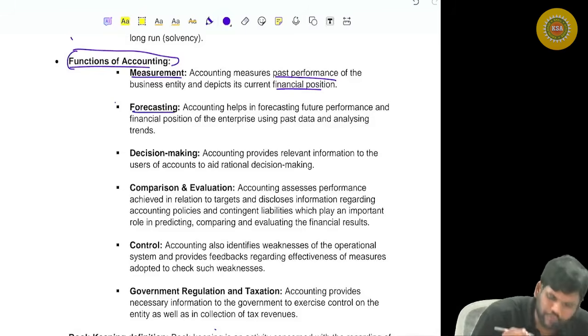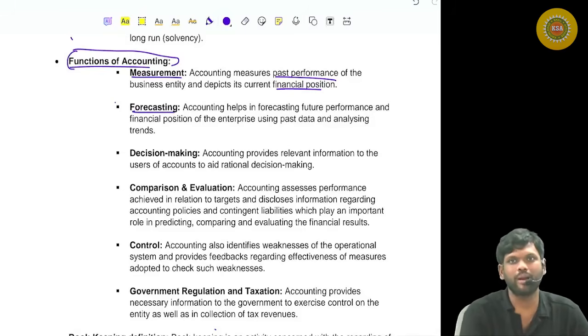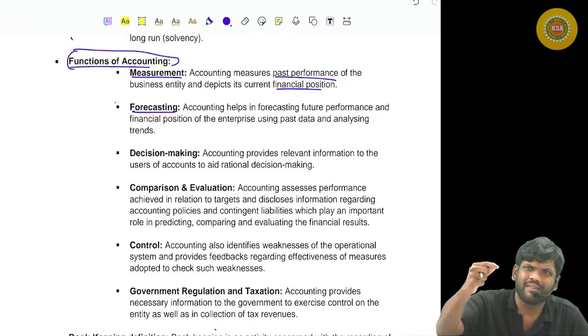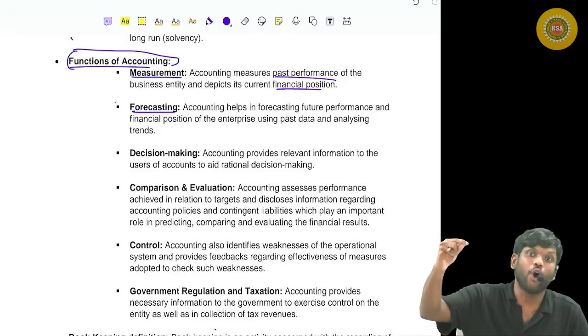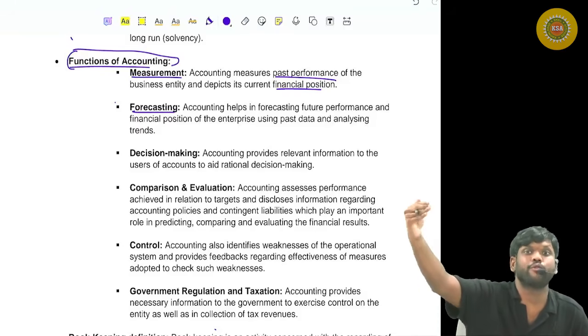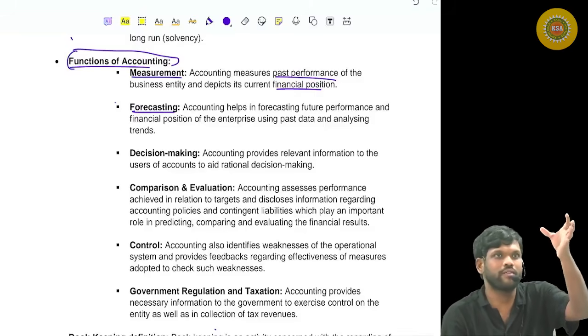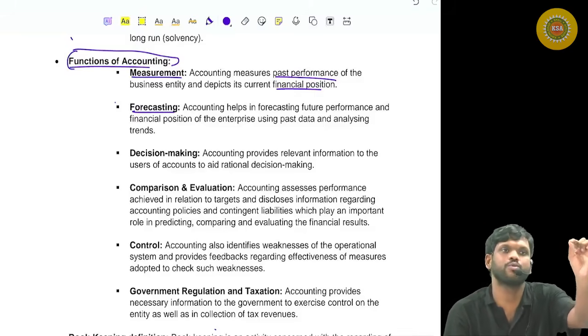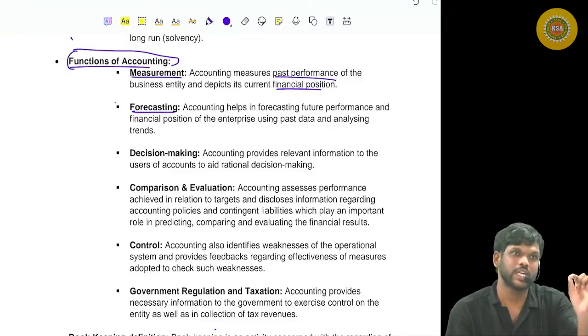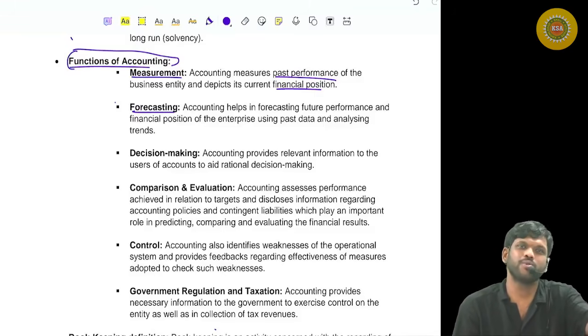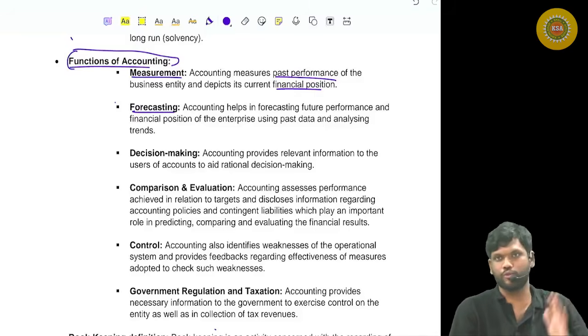It helps in forecasting. Sir, what do you mean by forecasting? Forecasting means projecting or estimating the future numbers. Now, assume you are giving financials for the financial year 2026. Using those financials, the user will be able to do some kind of projection for the future.